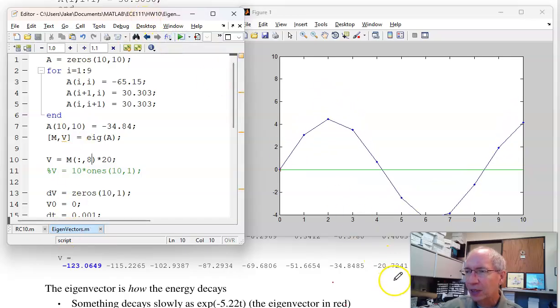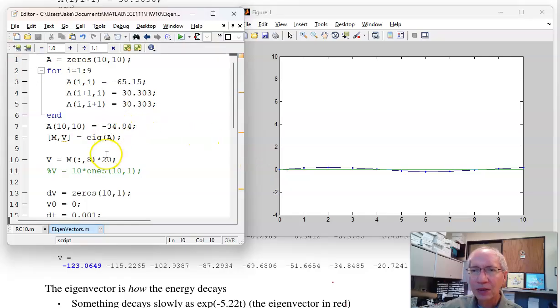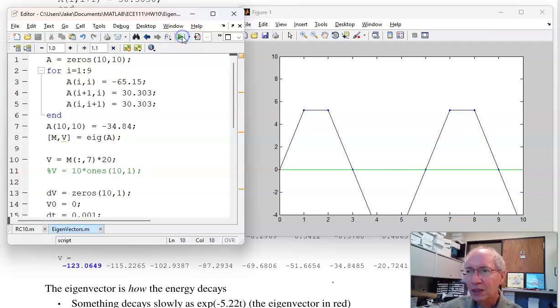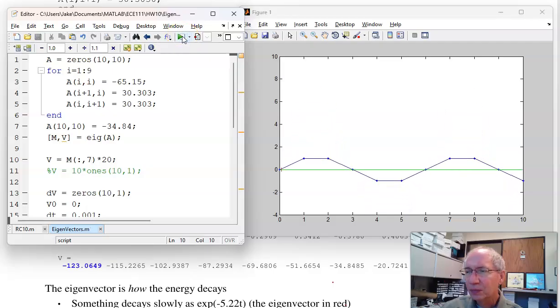This decays as e to the minus 20t, and the shape stays the same. The amplitude is the eigenvalue. Mode number 7. That decays as e to the minus 34t. That's what eigenvalues, eigenvectors are. They're the mode shapes and how fast they decay.